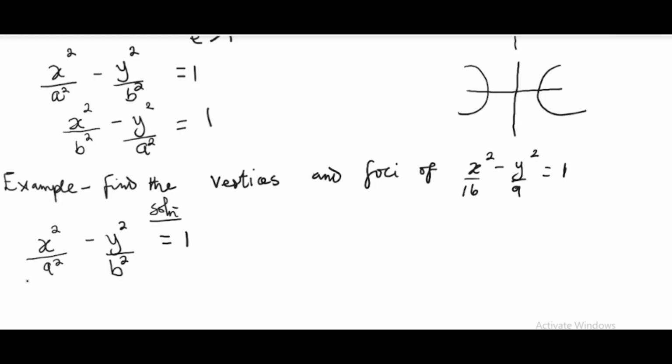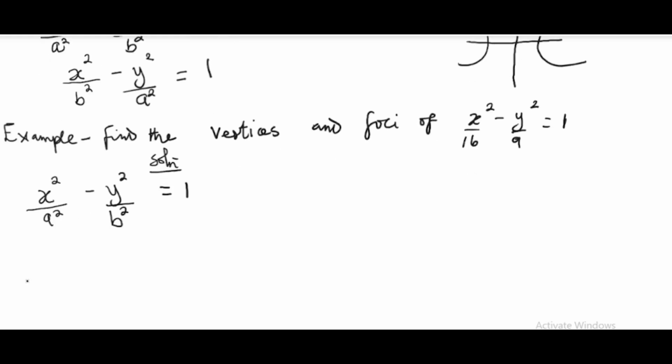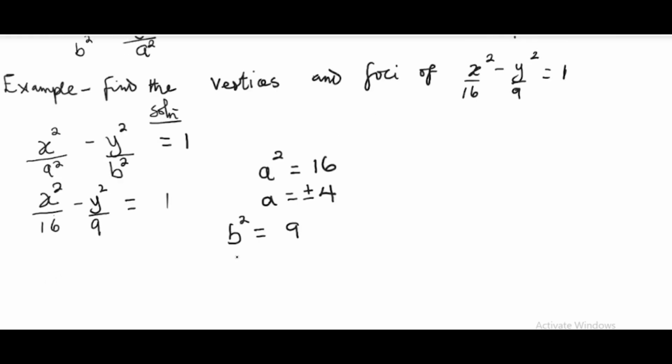Now, having written down this equation, compare it with what we have in the question. x squared over 16, that means that our b is equal to what? Plus or minus 9. Okay, so now we are asked to find the vertices. So I think that's a settled case.